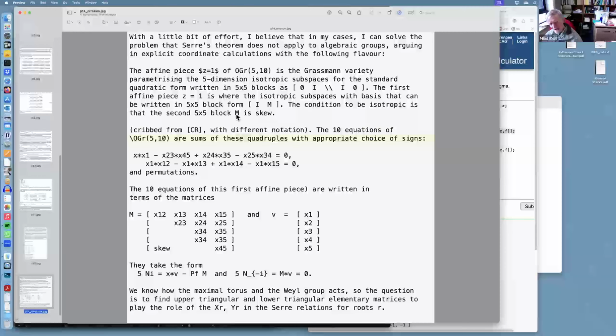So when I do that, M is required to satisfy the equation M plus M transpose equals 0. That means it's skew, right? So skew means that this is a 5 by 5 skew matrix. I wrote some of them last time, and I'm writing another one here. Yes?